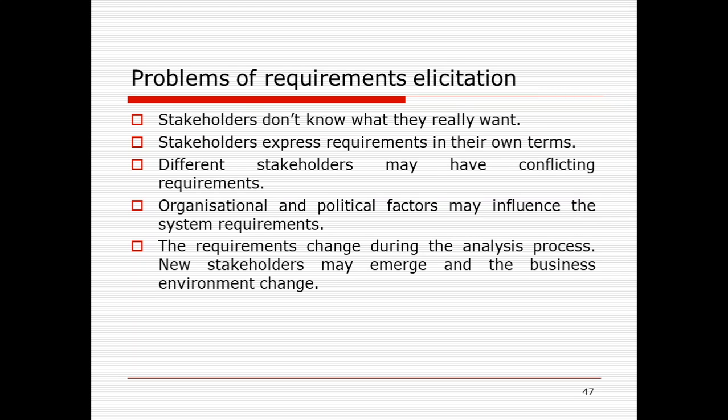There may be certain internal politics in the customer organization, which may actually influence the system requirements. That is another problem in requirement elicitation, because for the development team, the main priority is to gather good requirements and make the system usable, whereas the internal politics of the customer organization may be counterproductive.